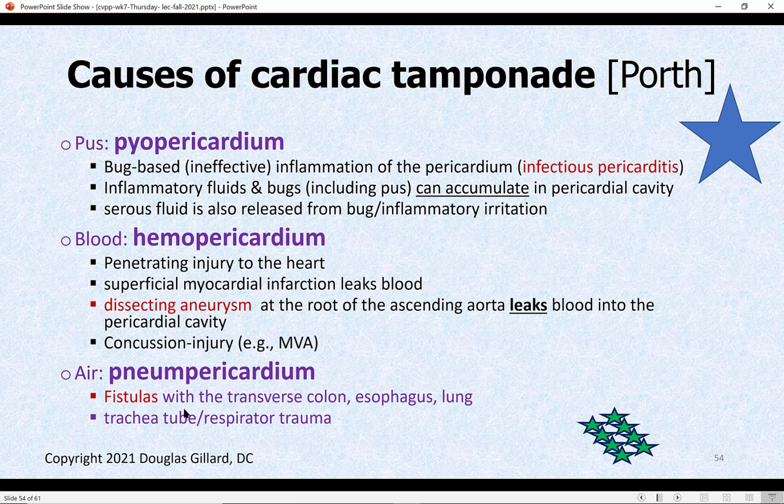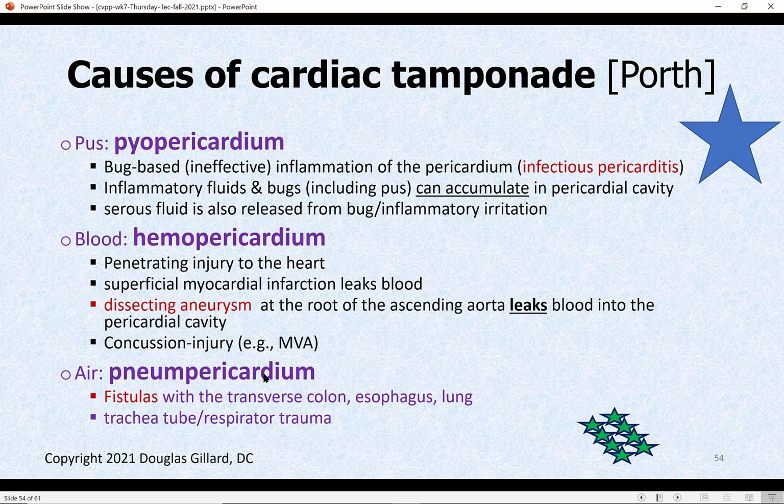If you have a fistula, what did we say a fistula was? It's an abnormal communication between two pipes. So what if you have an abnormal communication between your transverse colon and your pericardial cavity? Well, that's not good, because there's air in the transverse colon, and that can seep into the pericardial cavity, and you can start to get an air pericardium, or pneumopericardium.